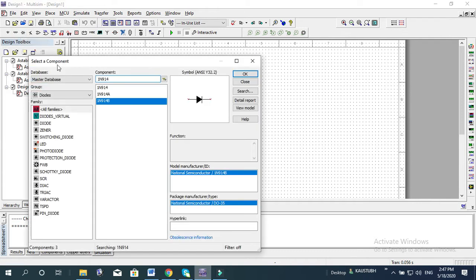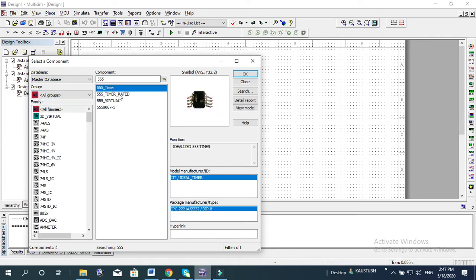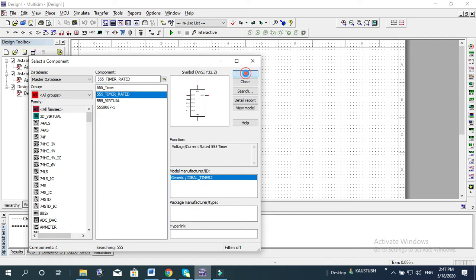Okay, so this timer can be found in all families. Just type 555. Sorry, this should be all groups. So in the 555 timer, this is the one I have chosen here.